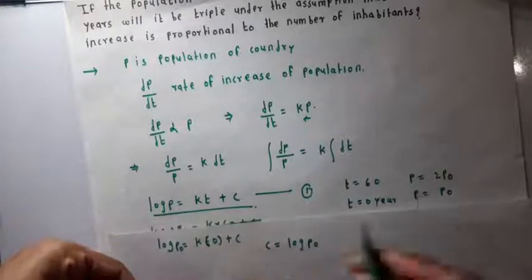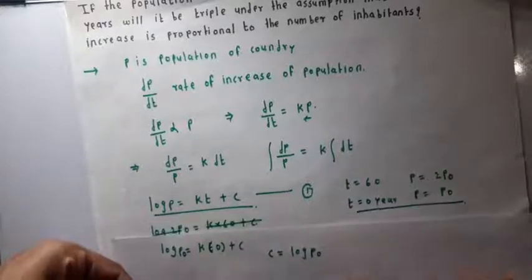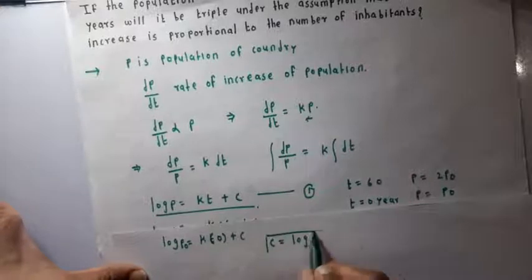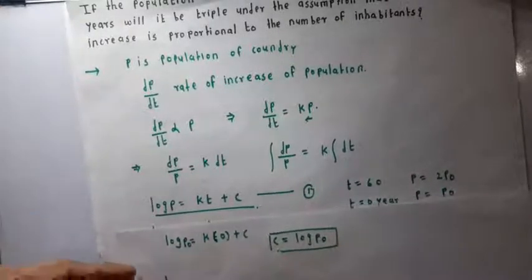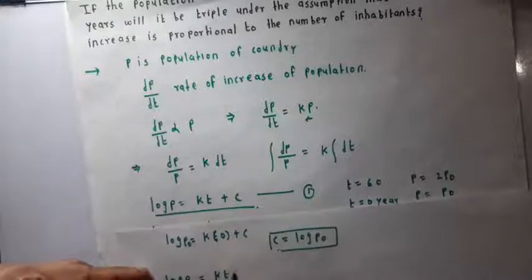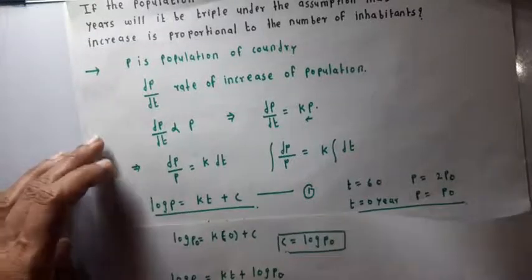Now put the value of C in equation 1. We get log of P equal to Kt plus log of P0.